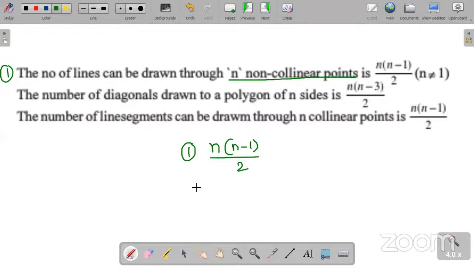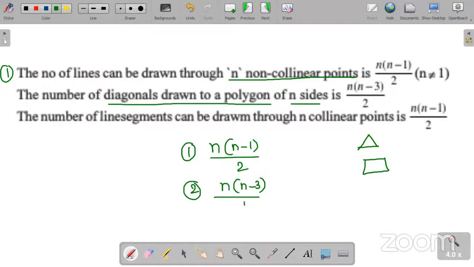Next, what is the second one? The number of diagonals drawn in a polygon of n sides. Polygon means triangle, quadrilateral, pentagon. Pentagon means 5 sides, hexagon means 6 sides, septagon 7, decagon 10. The formula for the number of diagonals is n into n minus 3 by 2.